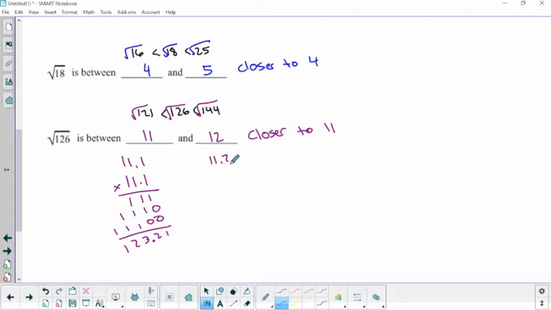We could try 11.2 times 11.2. And I get the first row, the second row, and the third row when I multiply. And I add them up. I get 4, 4, 5, 2, 1. Yep, that's pretty close. 11.2 would probably be a pretty good estimate for this square root.